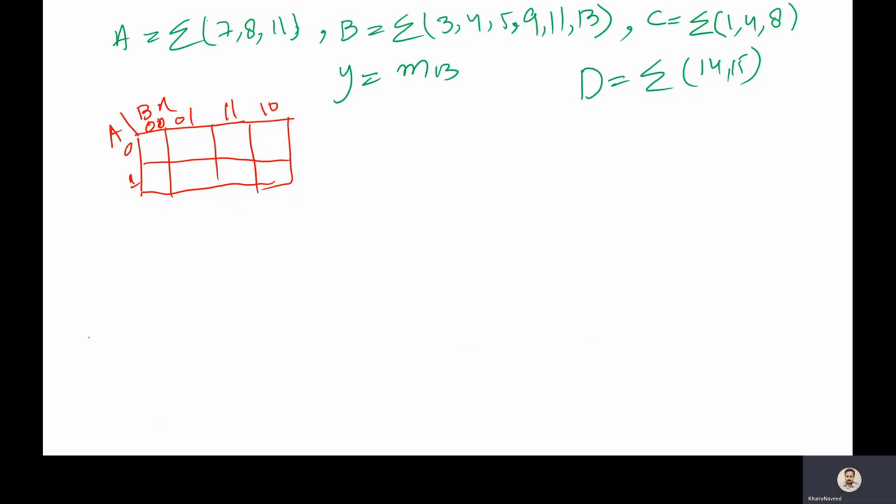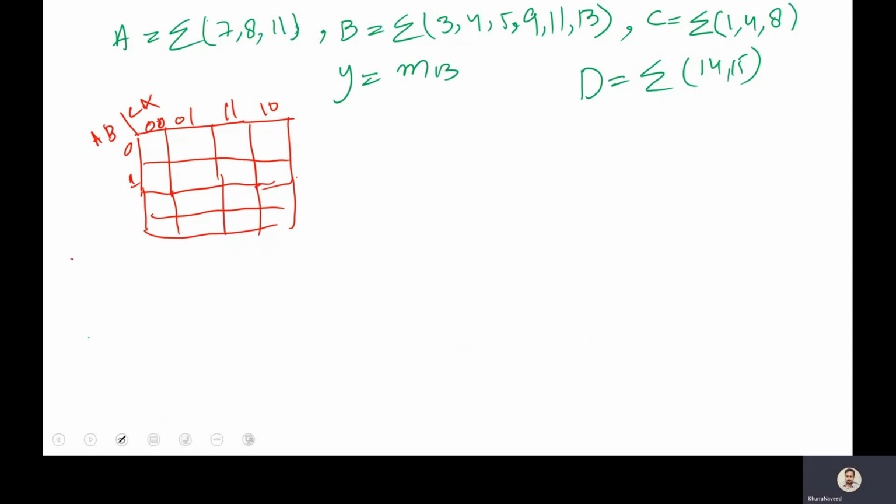So it's important to make sure that only one bit changes. Right. So now we can put these minterms. In fact, we have 4 variables, not 3. We will require a 4 variable map: A, B, C, X. Okay.